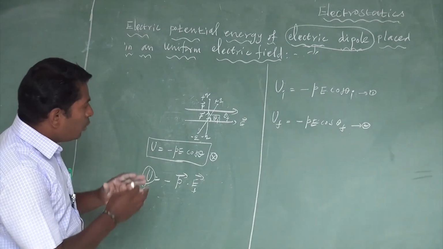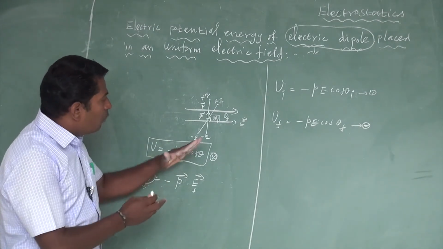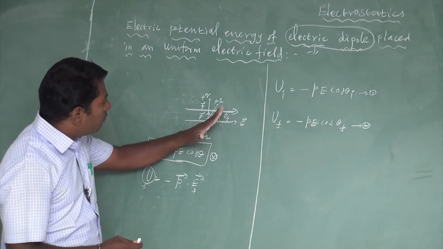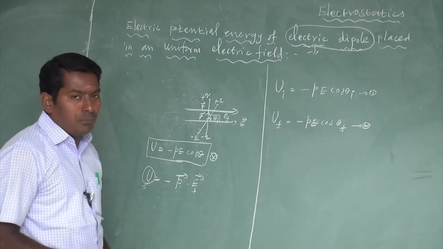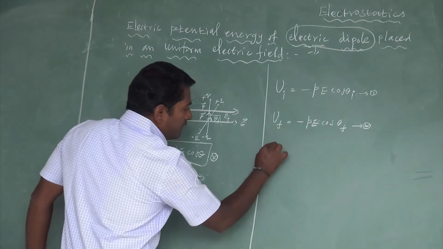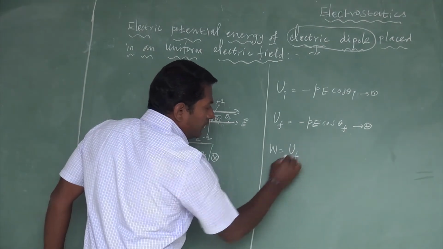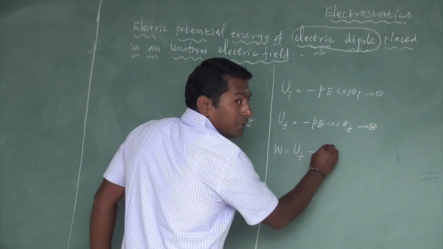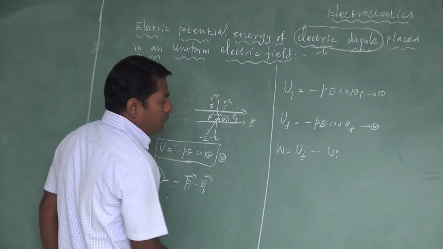Here, how do we calculate the amount of work done in rotating the electric dipole from the initial position to the final position? That amount of work done is W is equal to the final potential energy of the electric dipole minus the initial potential energy of the electric dipole.